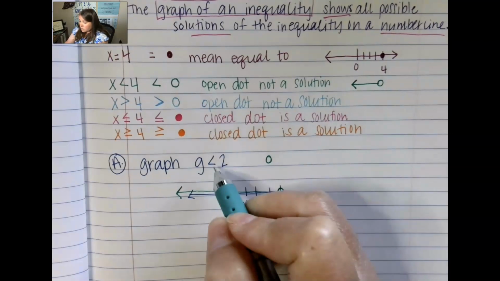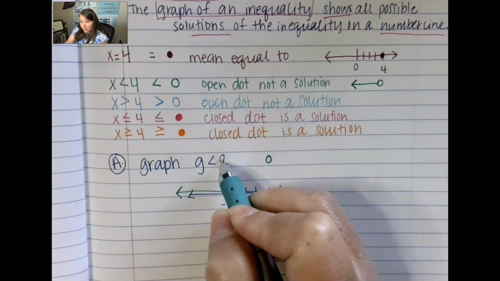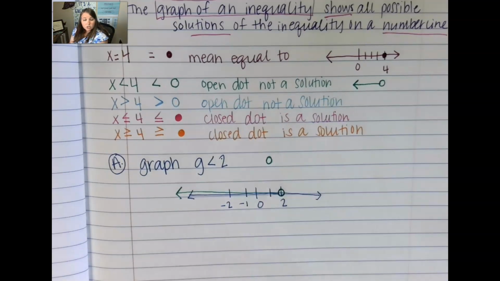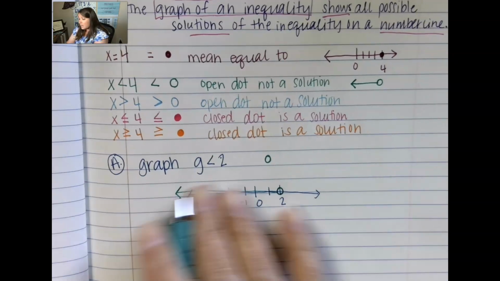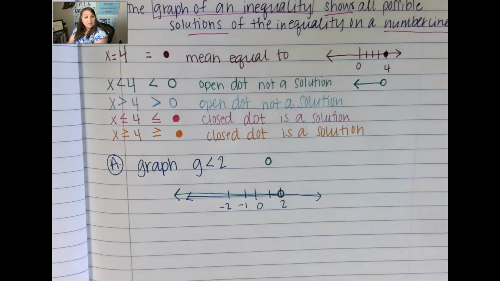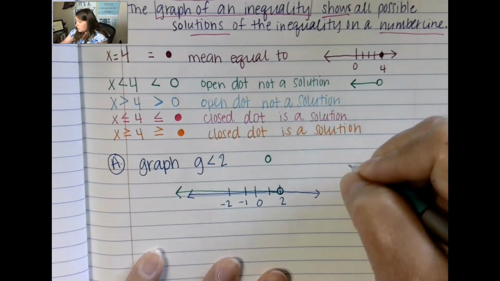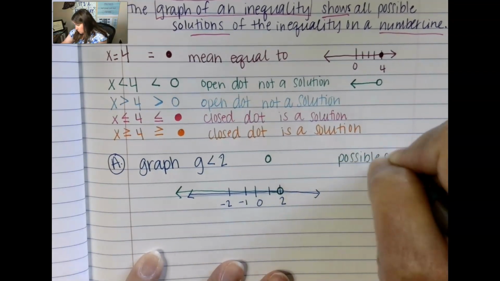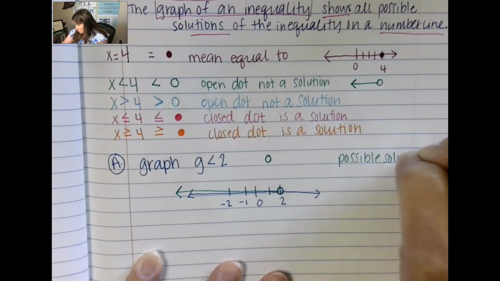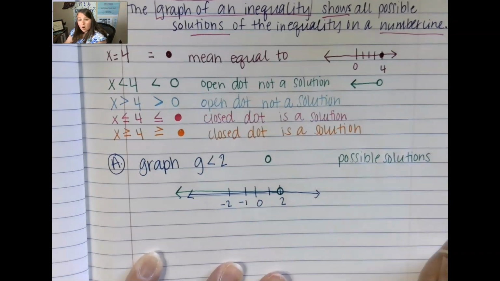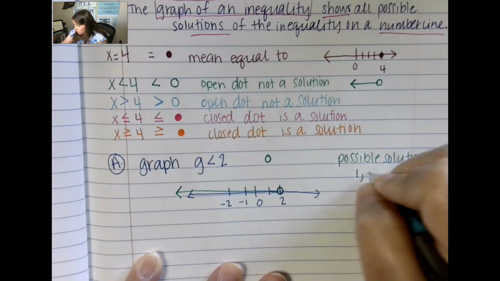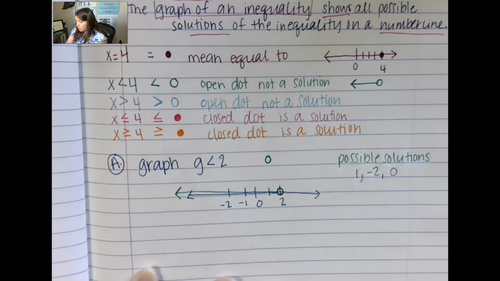You could also look at this and draw an arrow line coming off from here, and it'll show you which direction to point your arrow. Okay, this is now graphed. This means that possible solutions are 1, -2, 0.